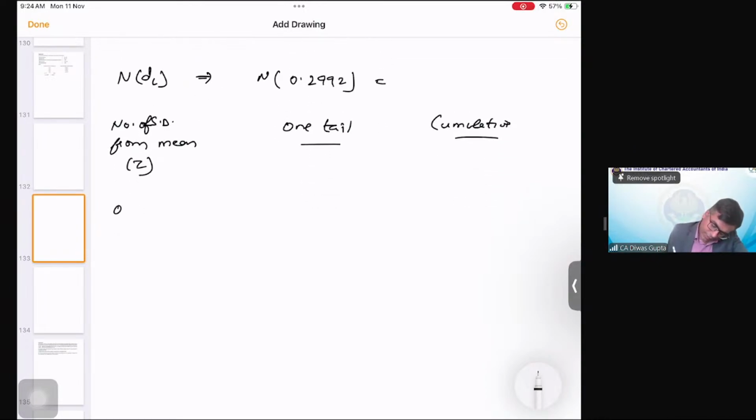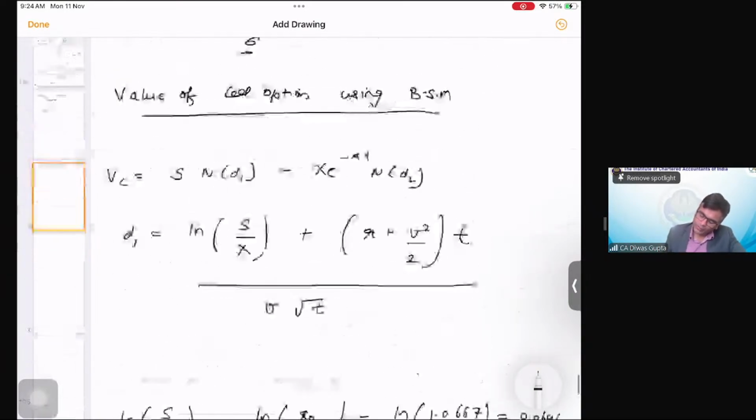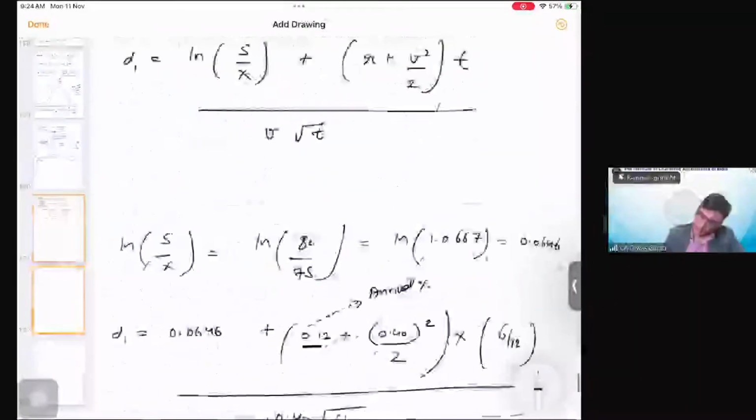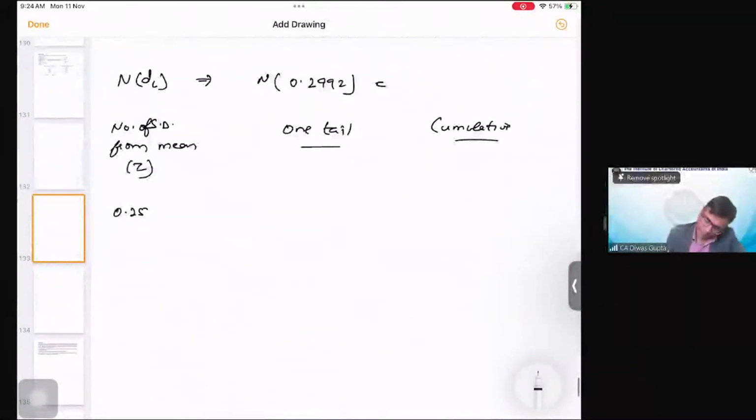So for 0.25, we have been given 0.4013. Clear? For cumulative, it will be 1 minus 0.4013, which will be equal to 0.5987.